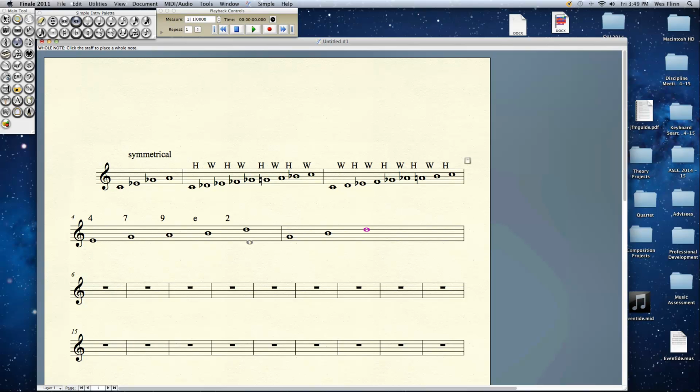And if you pull a subset out, we can talk about both the literal subset, which is what this is, and what's called the abstract subset, which will be what this is after we've reduced it down to its component intervals and found its prime form, etc. But we'll get into that later. I don't want to scare you away right now.